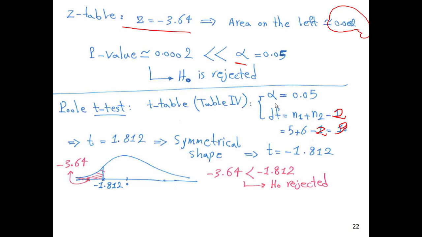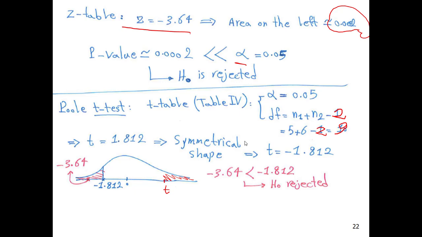We have the alpha and we have the degree of freedom. We can find the t on the right side, because the table that we have for the t gives us the area on the right. So we find that t, and since this curve is symmetric, we just multiply that t by a negative sign and we find the t that we need to use for our calculation.